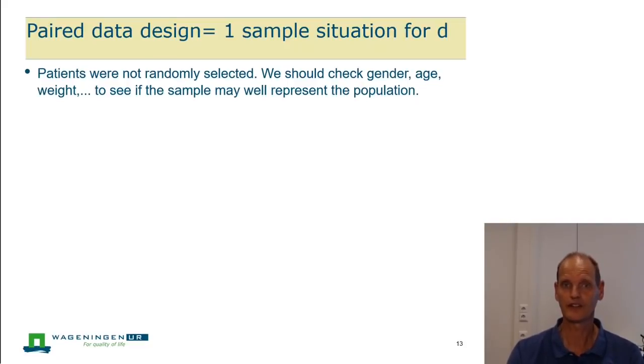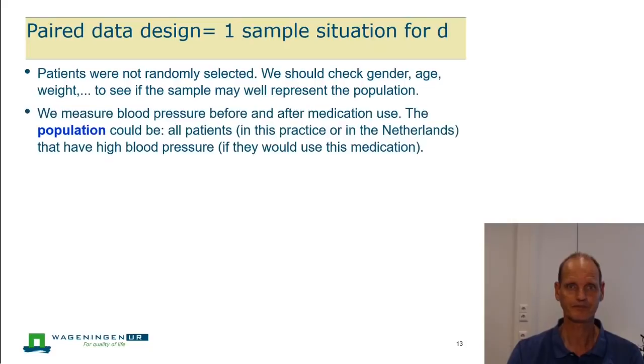This may not be easy in this case because the population is already a special group, namely patients with high blood pressure. We measure blood pressure before and after medication use. The population could be all patients in this practice or in the Netherlands that have high blood pressure, if they would use this medication.